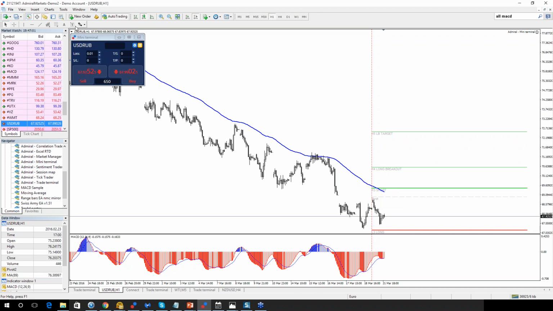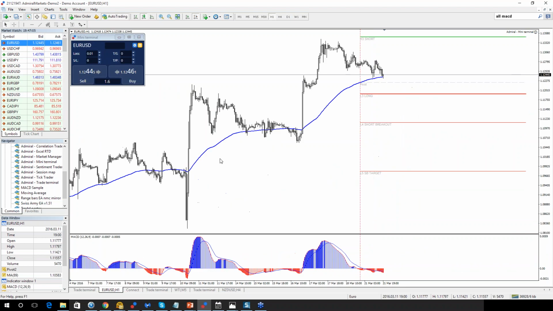There is a gap on euro dollar. Not sure. Let's see. Maybe their liquidity providers have a gap, but there is no gap on euro dollar. See, there is no gap here.